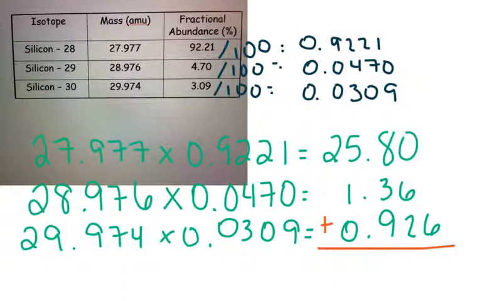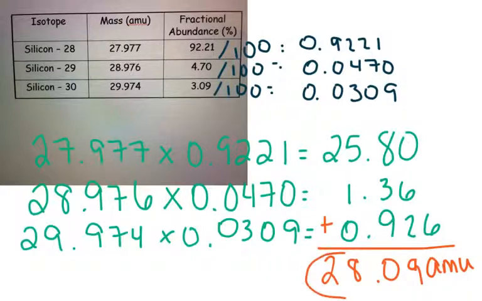And that gets us 28.09. We only can have significant figures to the second decimal place, so that's where we get to stop. And the unit is AMU. That's the unit for atomic mass. It stands for atomic mass unit. And this is our final answer.